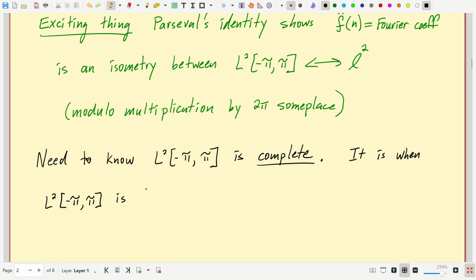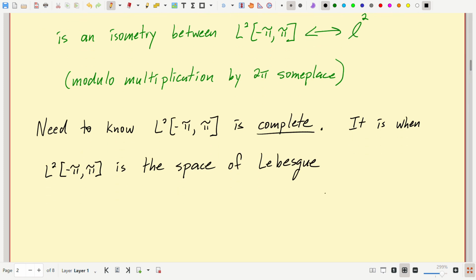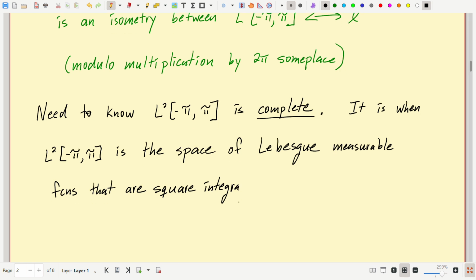L2 minus pi to pi is the space of Lebesgue measurable functions, those are the ones for which you can define the Lebesgue integral, that are square integrable in the sense of Lebesgue. And so the Fourier coefficients make sense for that class of functions.